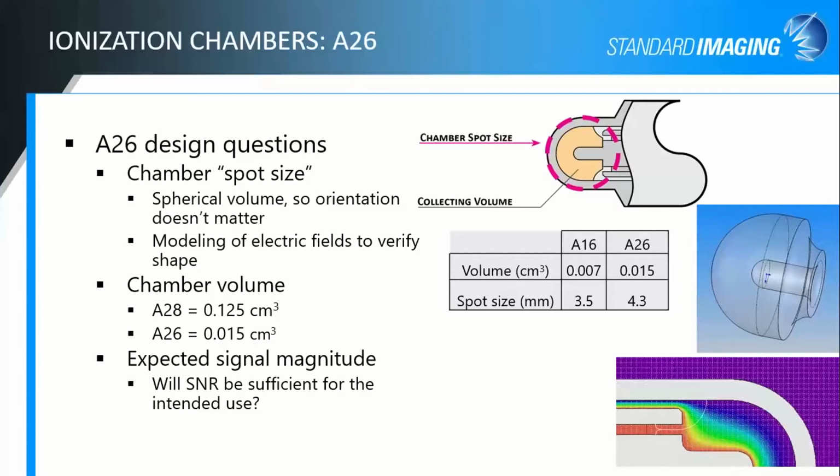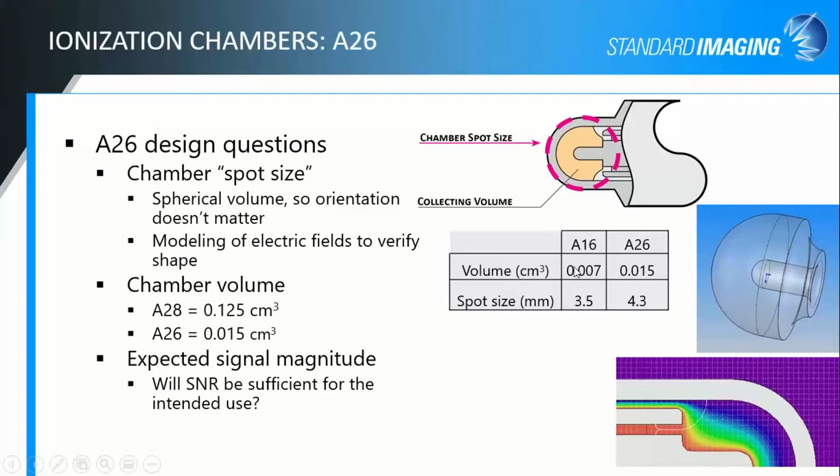We looked at chamber volume, and in this case, because of the conducting plastics that this is made out of, we wanted to avoid the high Z materials of a wire or metallic components. So because of those plastics, we were trying to make it absolutely as small as this could be made, and still have a well-behaved ionization chamber. So we've got 0.015 cc volume for the A26. But if you look at spot size, the A16 is our smallest chamber at 0.007, but its spot size is 3.5 millimeters.